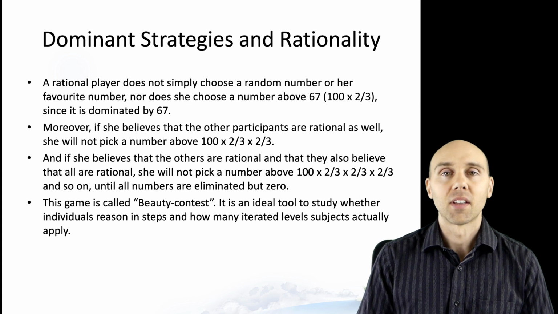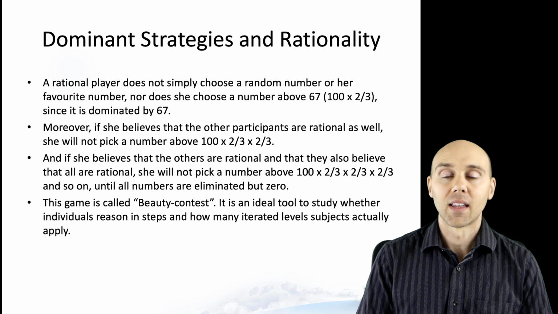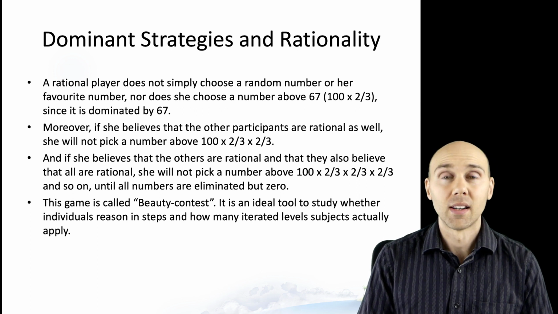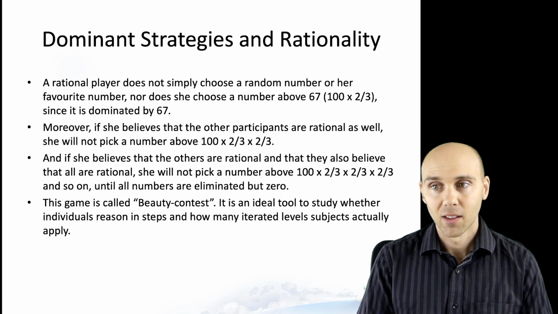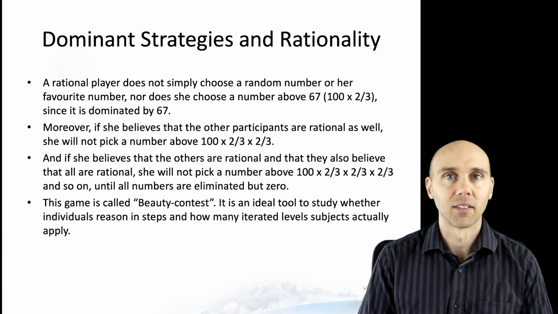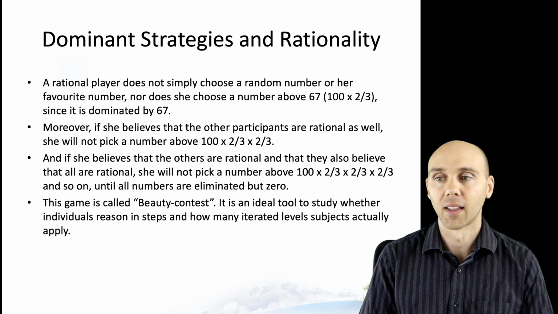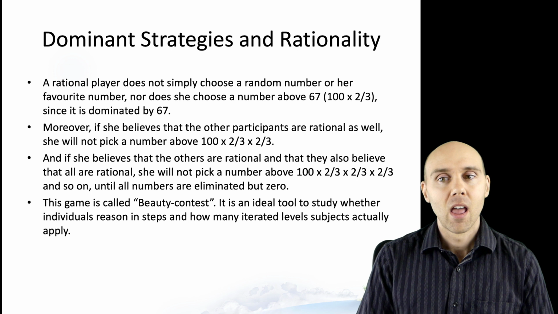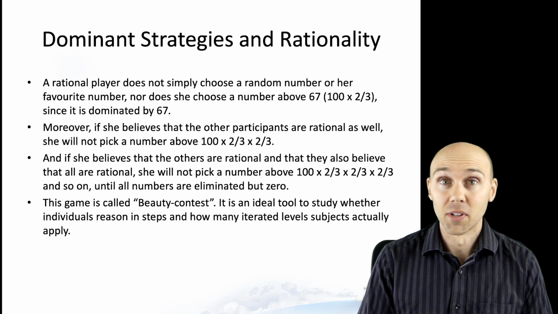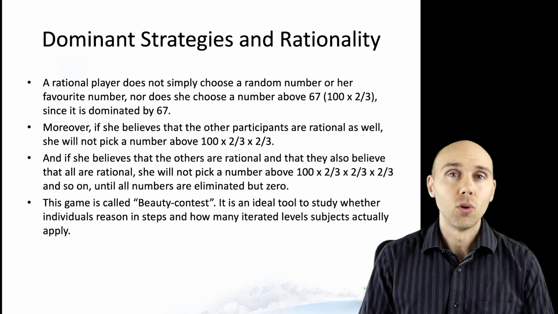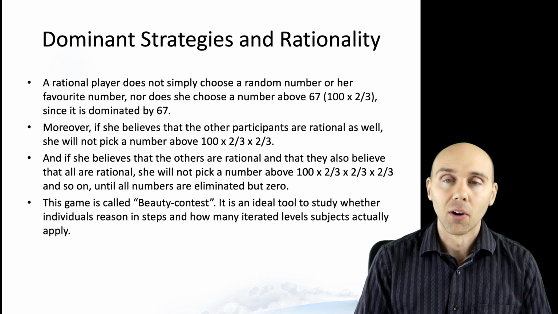So you shouldn't choose anything above 2/3 of 67, which is somewhere around 50. But if you think that everyone is as smart as you and isn't going to choose anything above 50, then you shouldn't choose anything above 2/3 of 50, and so on and so on.